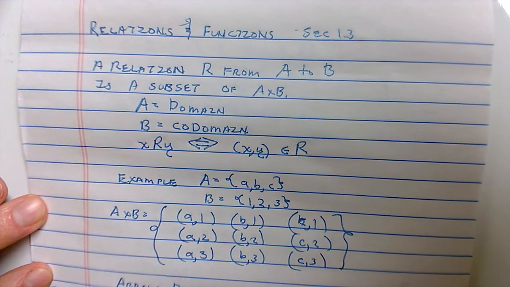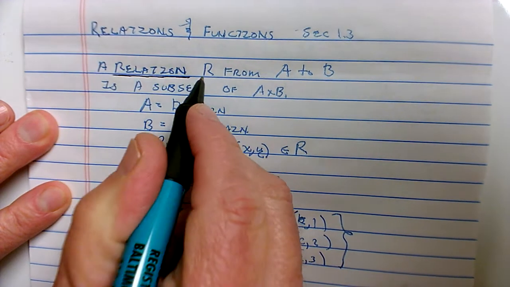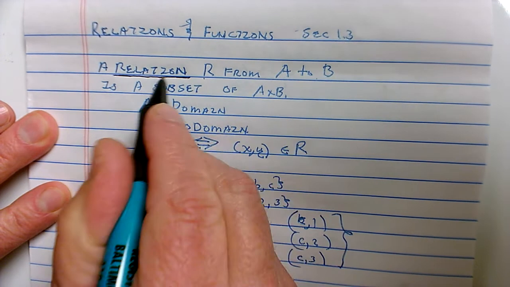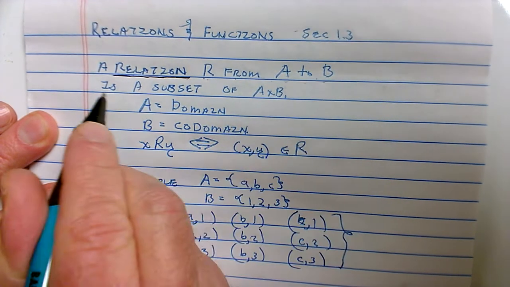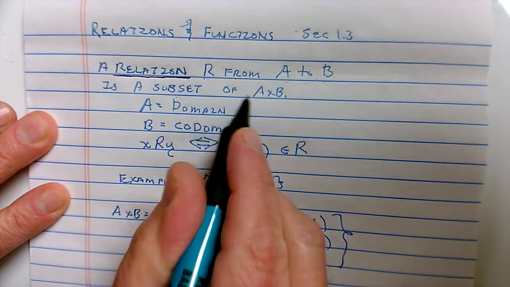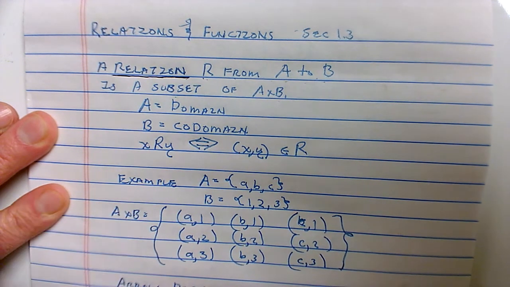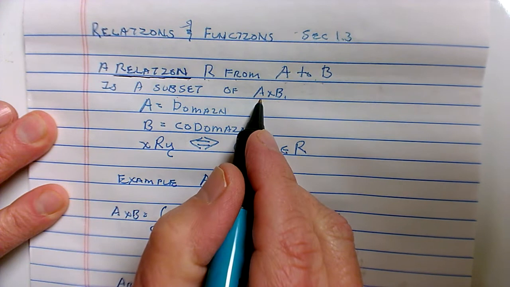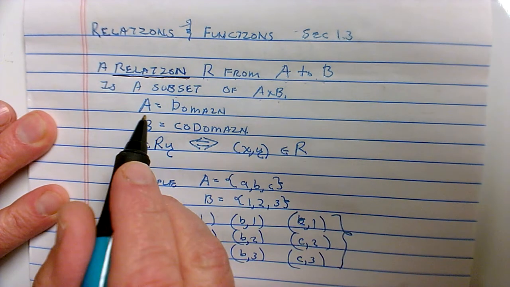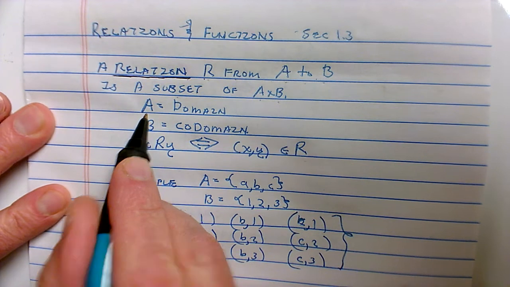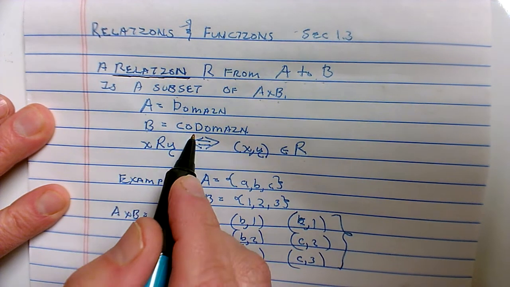First of all, a relation R from A to B, where A and B are sets, is a subset of A cross B. Remember, A cross B is a set of ordered pairs where the first element is from A and the second element is from B. In this situation, we call the set A the domain, and the set B the codomain.